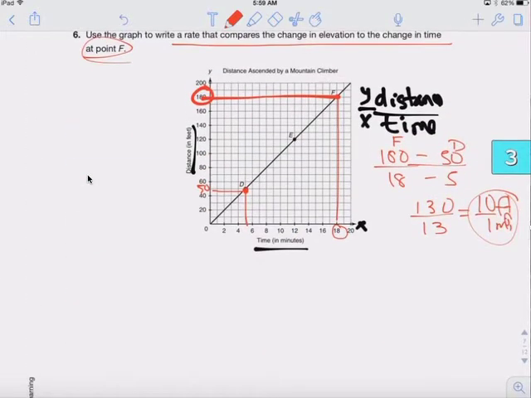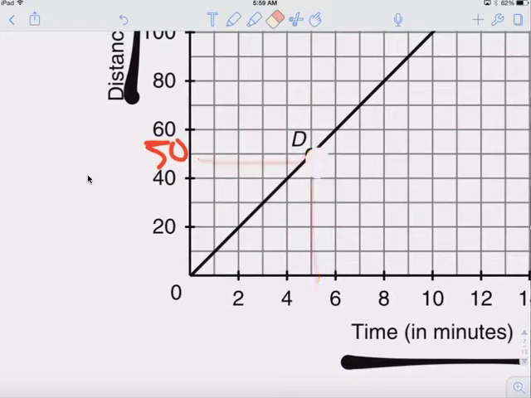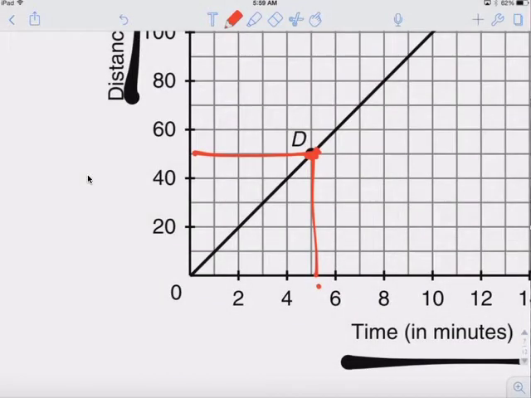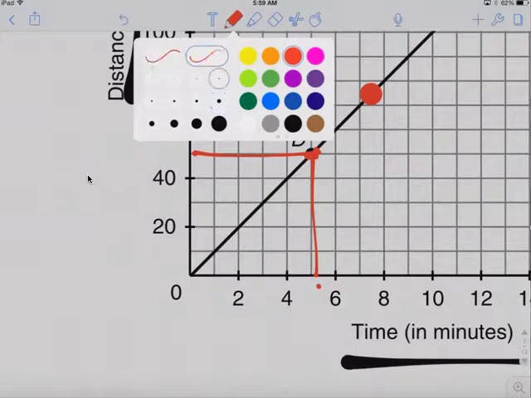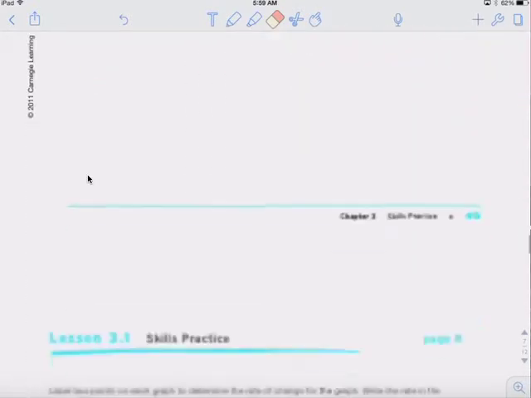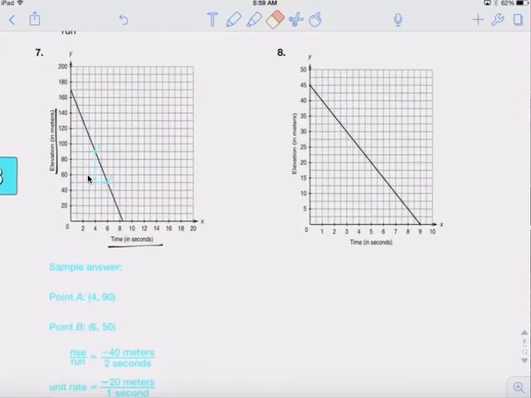Just make sure you choose points where they crossed right there so you can have nice round numbers. And you do not ever choose points like this in the middle where you are estimating your points. That is incorrect, okay? We'll face that later.